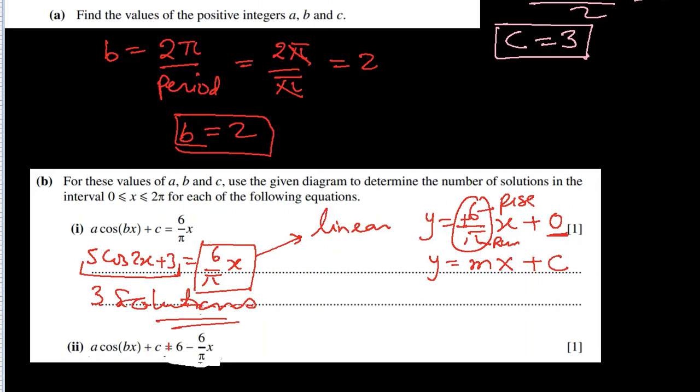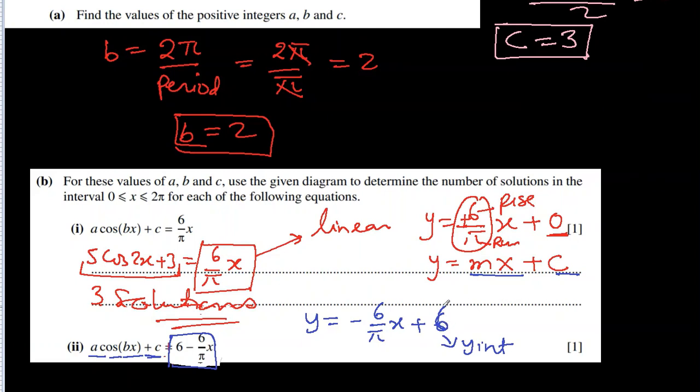Okay, now let's go to the second one, where they have given a similar equation, exactly a cos bx plus c, same, but the right side has changed. Let me rewrite it in a different form. 6 over pi x I am writing first and 6 I will write later so that it becomes like mx plus c. So this 6 is the y-intercept.